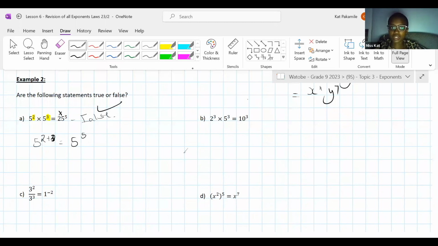It works backwards. So you're going to take this 3 and this 5 out as like a common factor. So it's going to be 2 times 5, and your 3 can chill outside. So then that's 10 cubed, which means this is true. Shout out to everybody in the chat who said true.